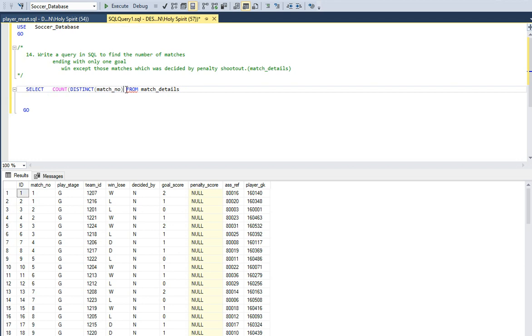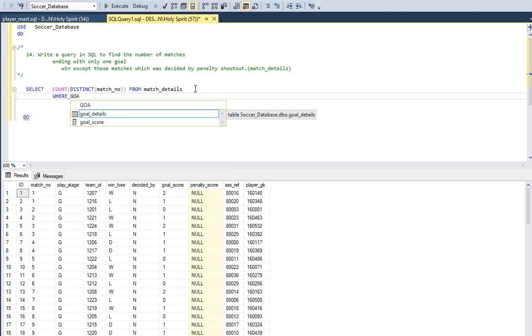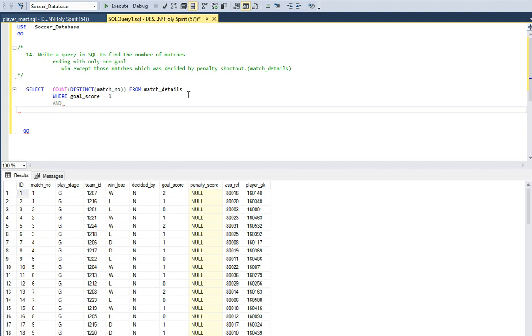okay, sorry, where goal score is, oh my god, have mercy, is equals to 1, and one goal win.